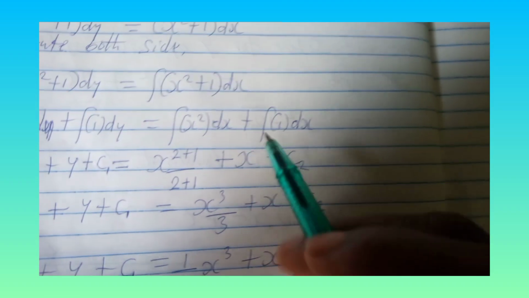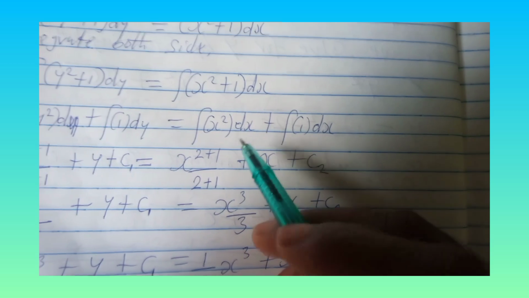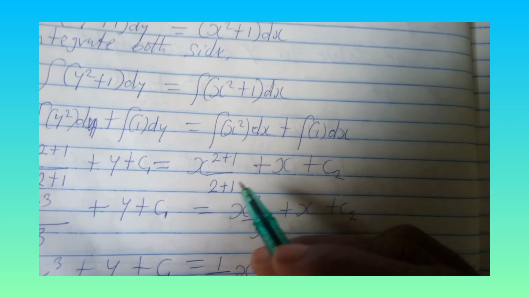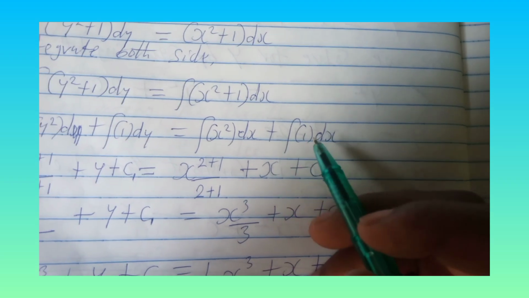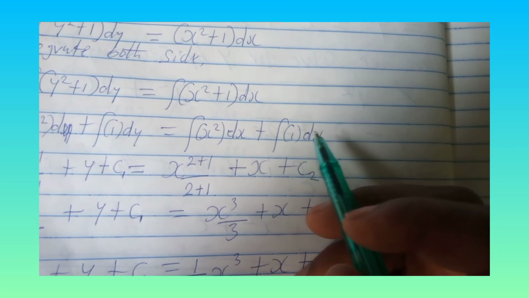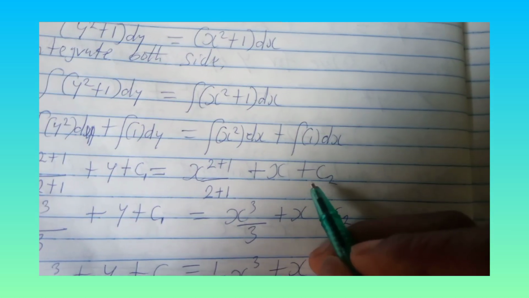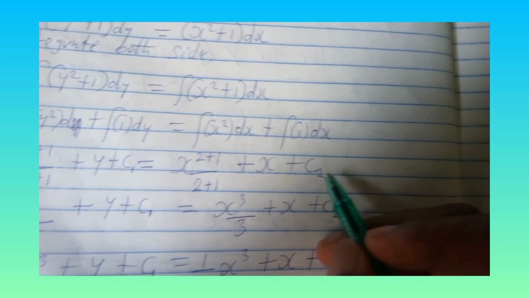Then on the right hand side, we integrate x square. We have x square plus 1 all over 2 plus 1, plus when we integrate this 1 with respect to x, the constant becomes x, plus our second constant, which is c2.